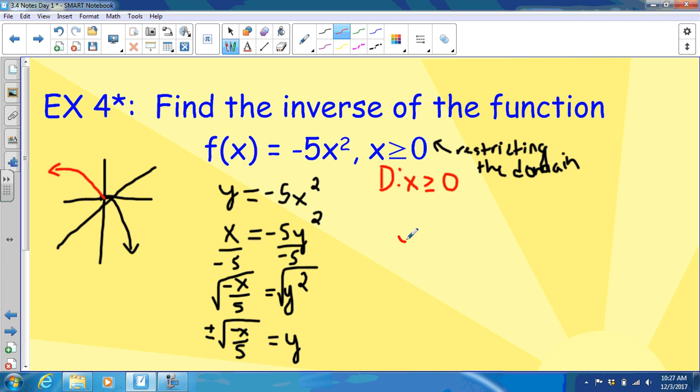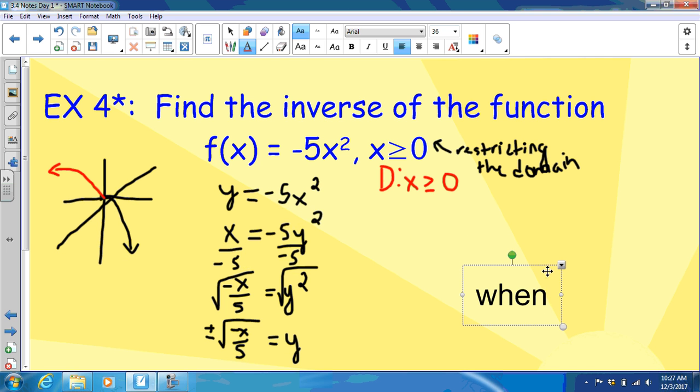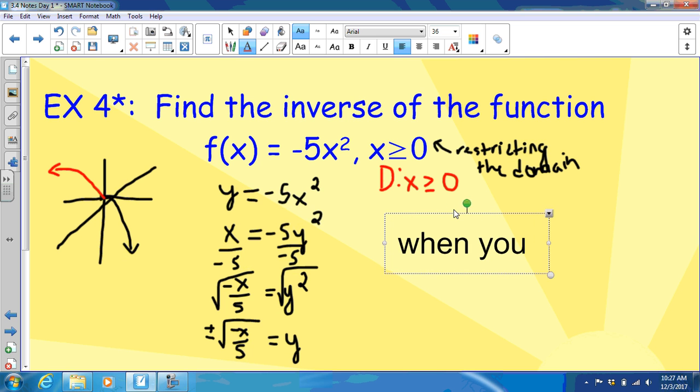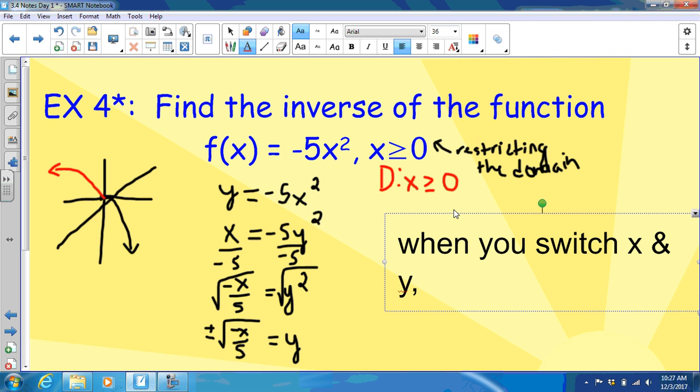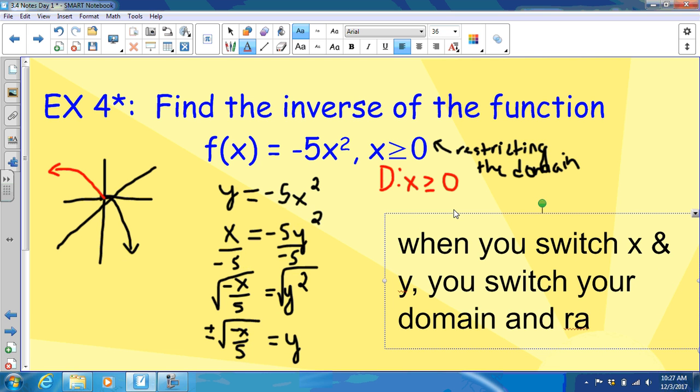So when you switch x and y, you switch your domain and range.